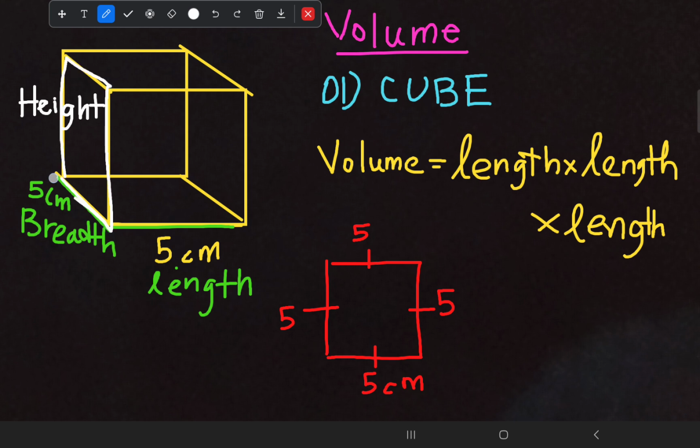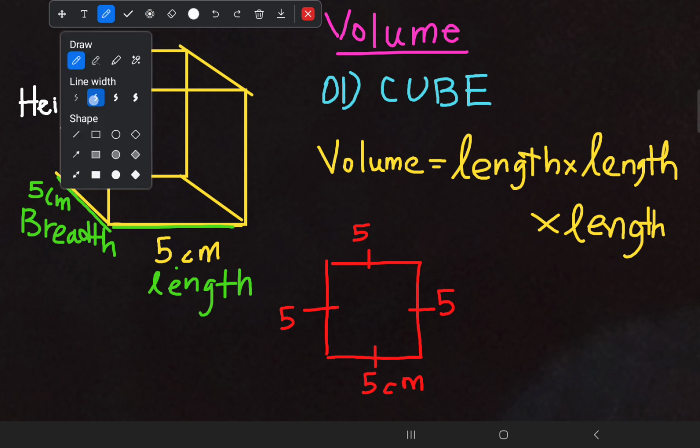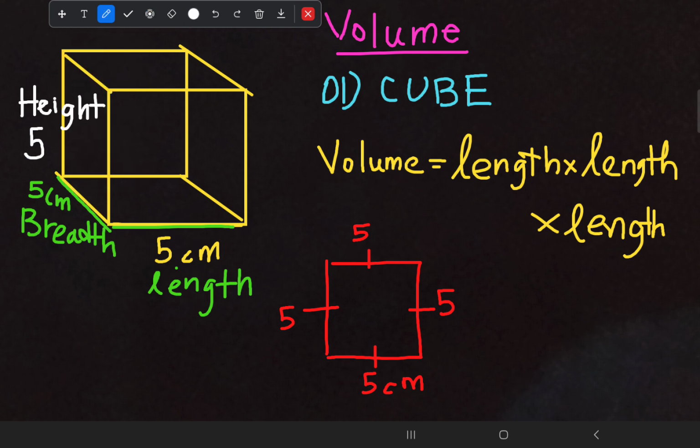If this is 5, this one also should be 5 centimeters. That's how we found height also as 5 centimeters. Height means this vertical distance. This is our length, breadth and height.